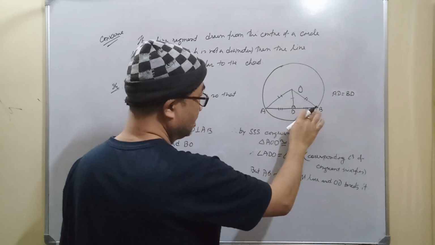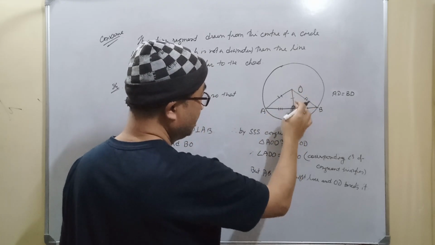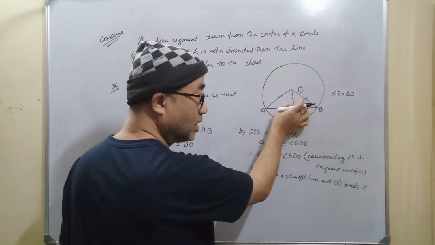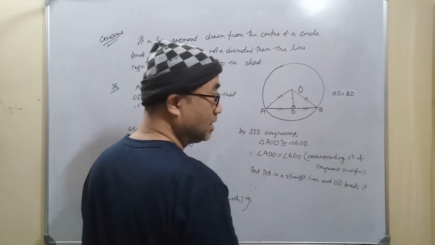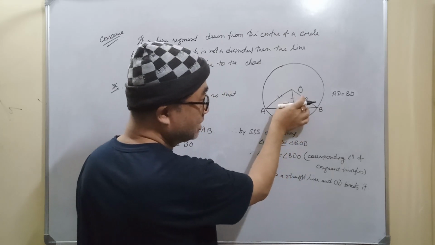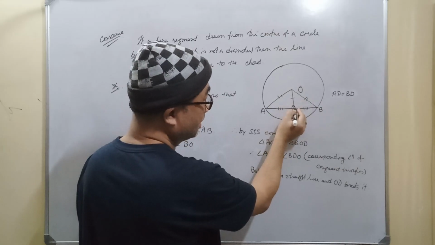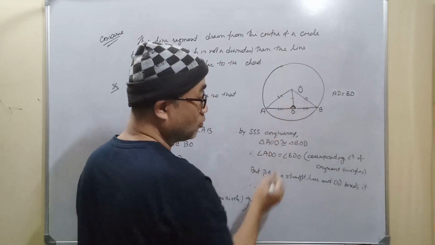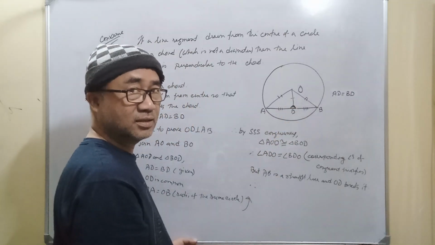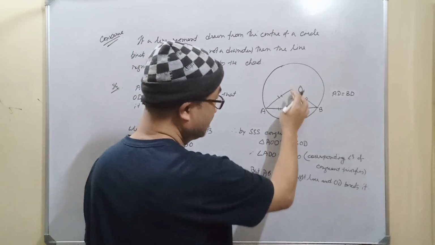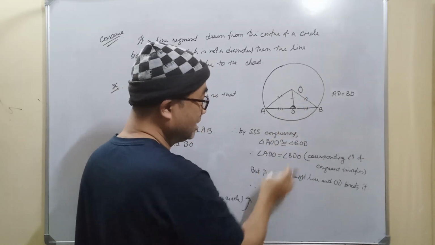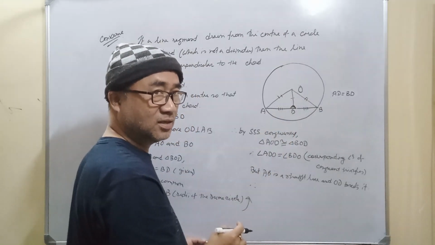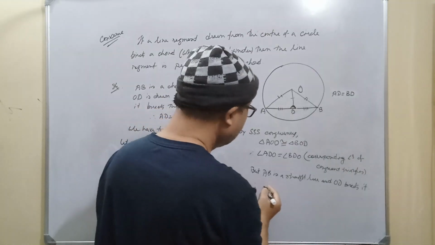A straight line and OD is bisecting the straight line, and these two angles are equal. So what does that mean? That the total angle here, let us look at the total angle. Total angle here is 180 degree, right? So if it bisects this angle and these angles are equal, so what will be each angle? 90 degree.